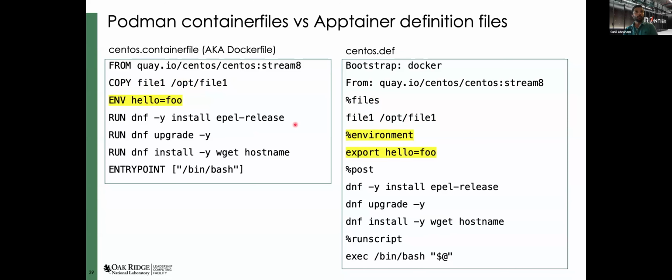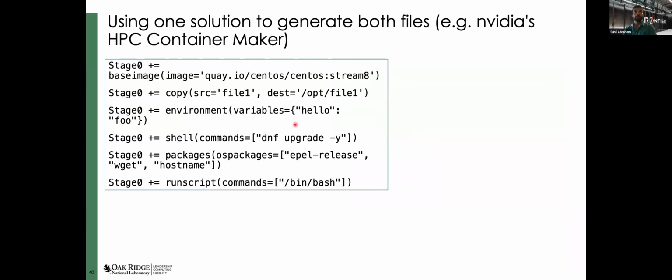You can also set up environment variables that will be present and set when you start running your container. So when you start running your container and you check for the value of the environment variable named hello, you will see that the value is foo.